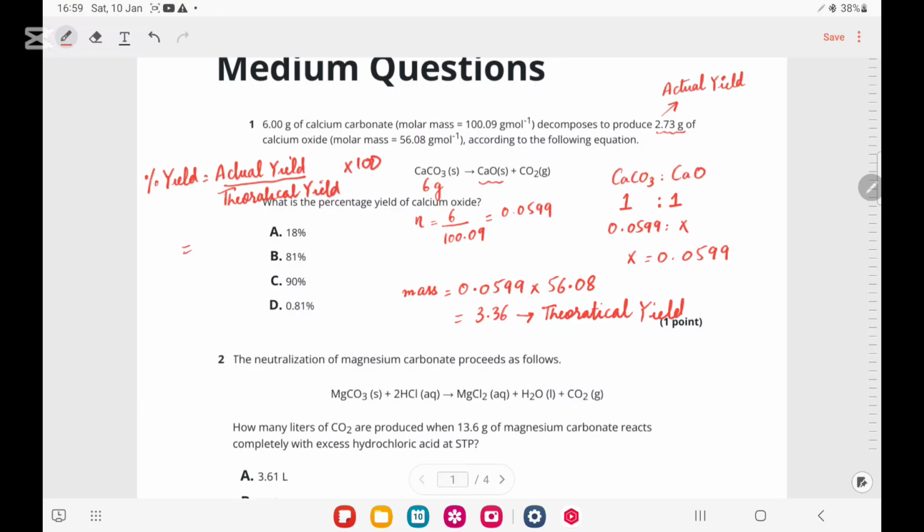So actual yield is 2.73 divided by theoretical yield, which is 3.36, times 100. So let's calculate, and the answer comes out to be B.